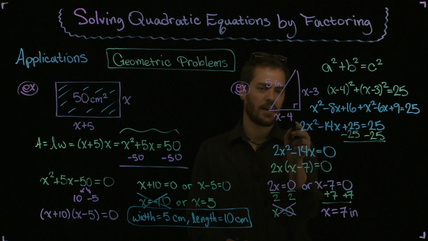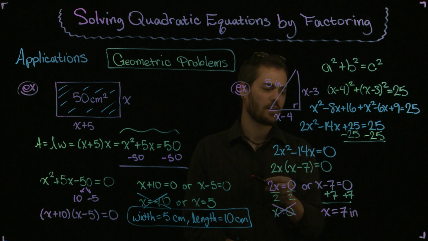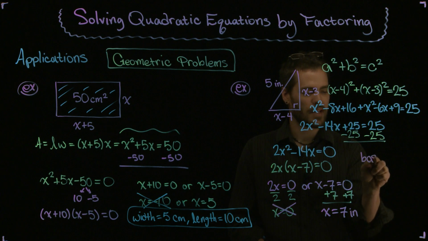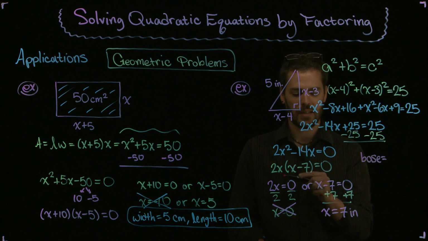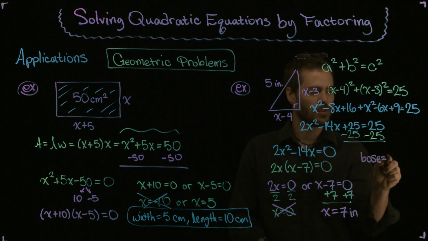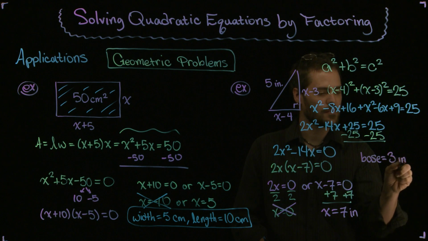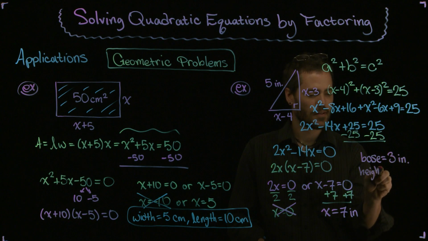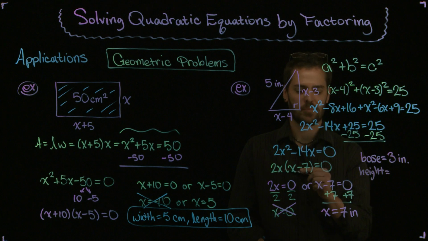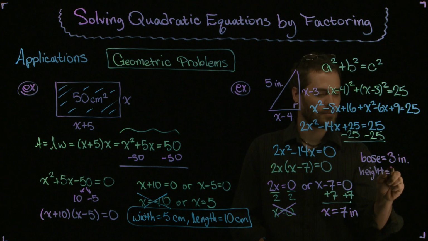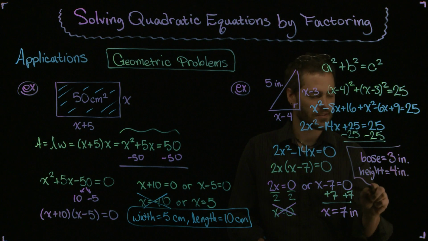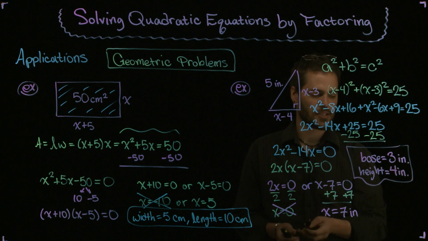That's not the base and the height of the triangle. But I can use that 7 to say that the base must be 7 minus 4, which is 3 inches. And the height must be 7 minus 3, which is 4 inches. And this is the solution to this geometric application.